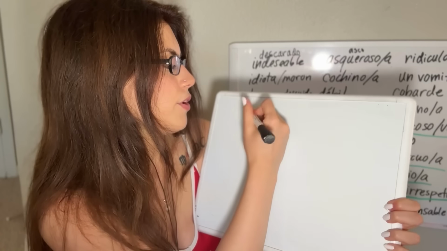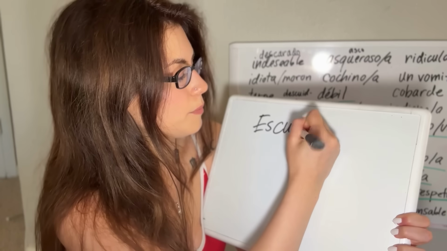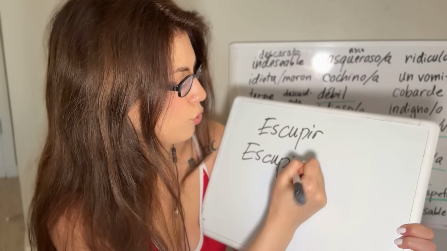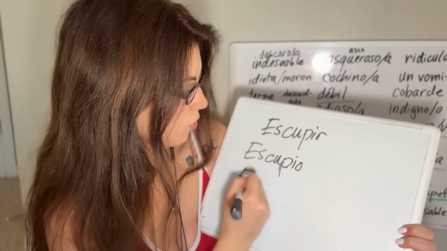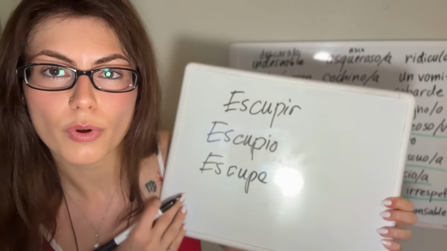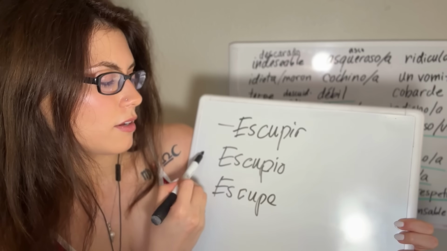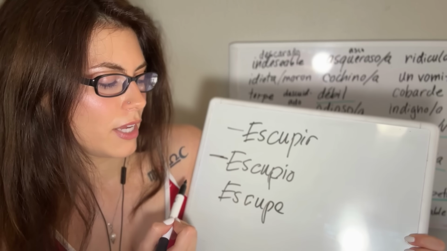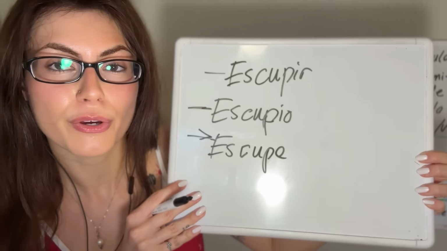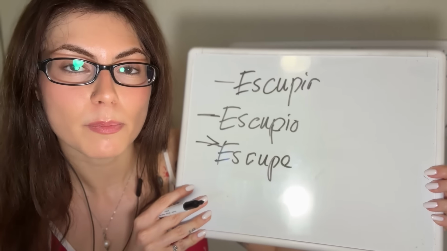Let's do this word, escupir, escupió, escupe. These are just forms of this word. So this means to spit. This is the past tense of spit, and this is a command to spit. If I'm telling you escupe, you need to spit.